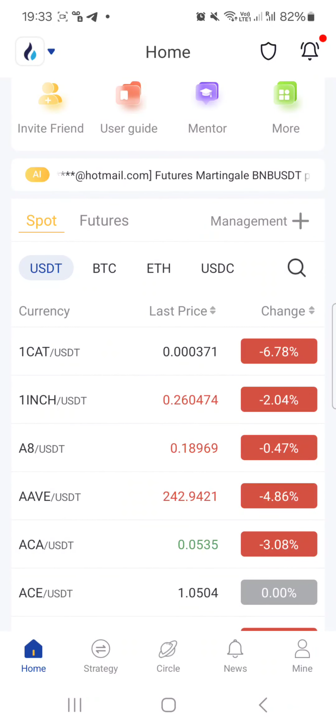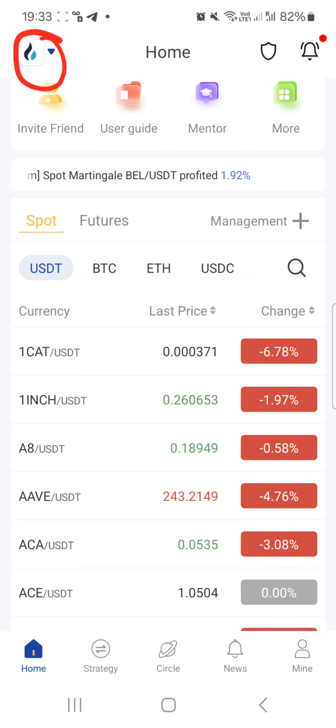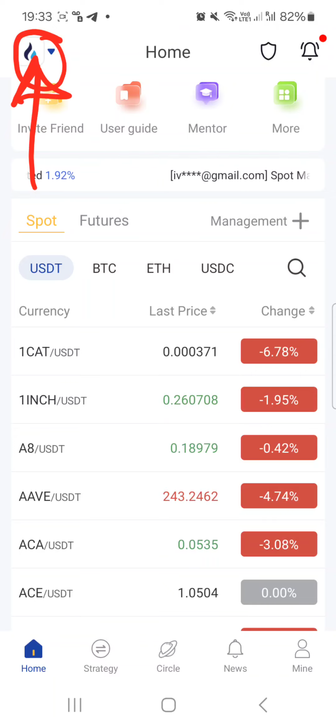You must be in the right exchange over here. So if you're on Binance, that needs to be on Binance. If you're on OKX, that needs to be on OKX. If you are in HTX, that is what you need to be on.